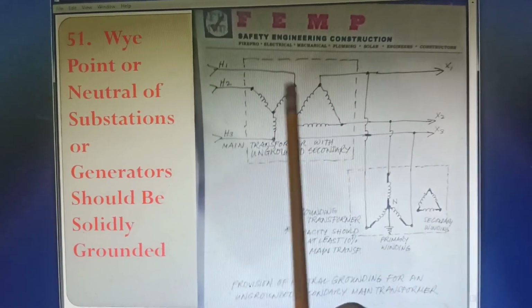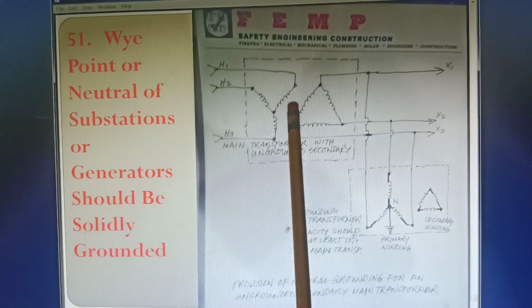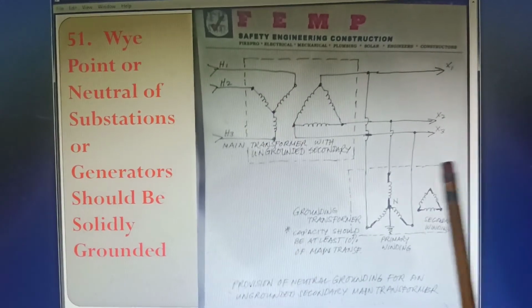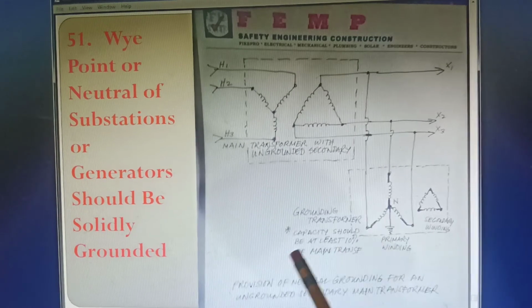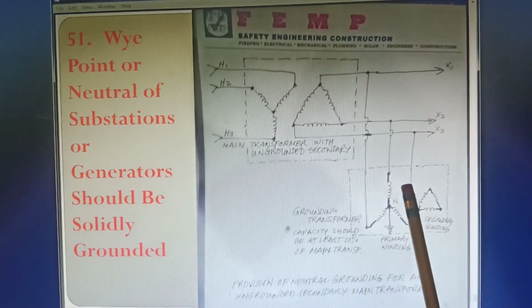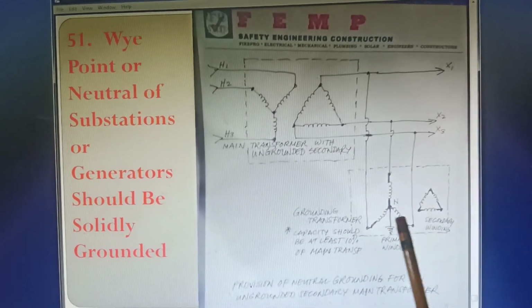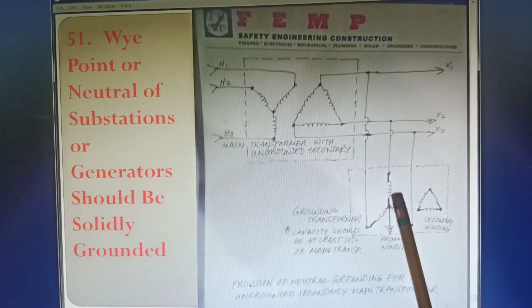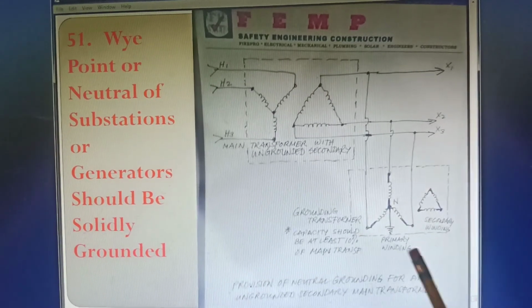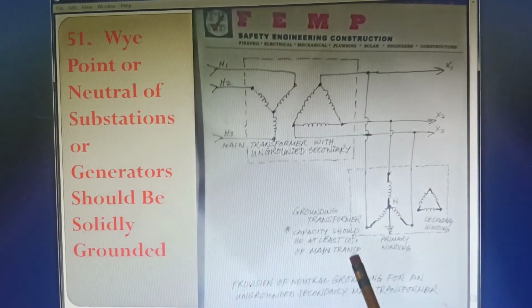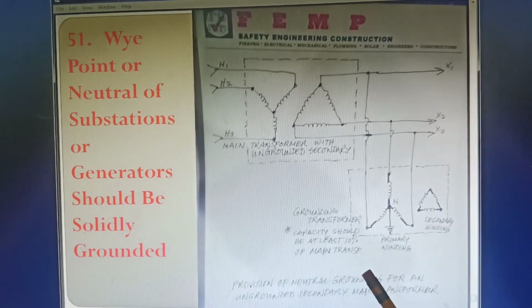Now, if it is a 5000 kVA transformer, then you need at least 500 kVA, so the equivalent of 3 units of 167 kVA would be required. So this one needs 10% capacity.